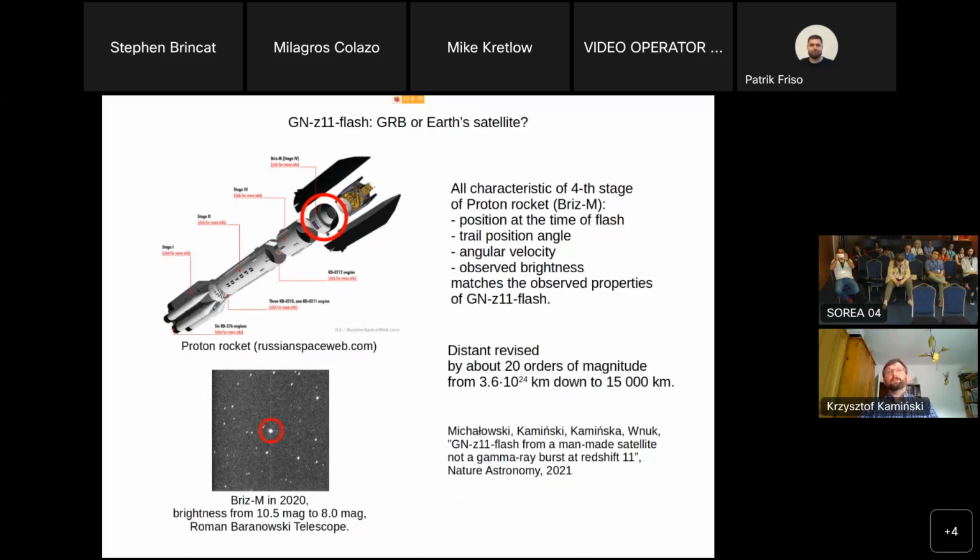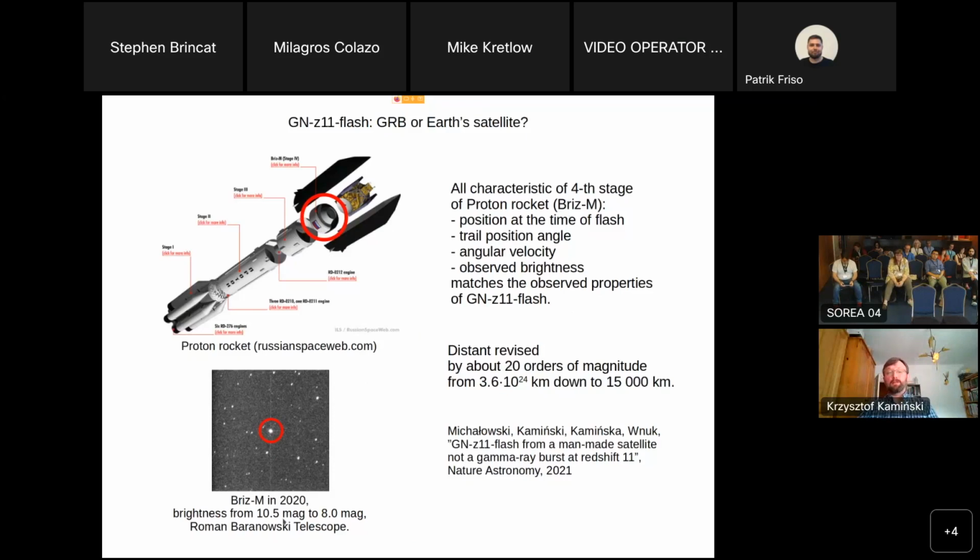It has quite a regular shape without any mirror surfaces like solar arrays. Therefore, we conducted some observations of that satellite and calculated its absolute magnitude. Using those observations, we could calculate what the magnitude of that satellite was during the observations of the flash. And taking all the data into account, it was a perfect match.